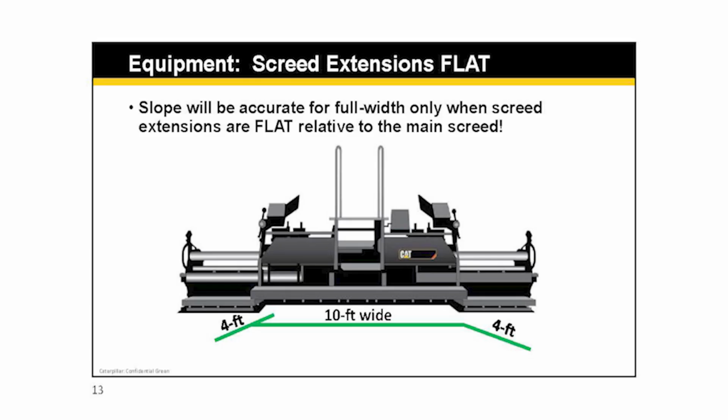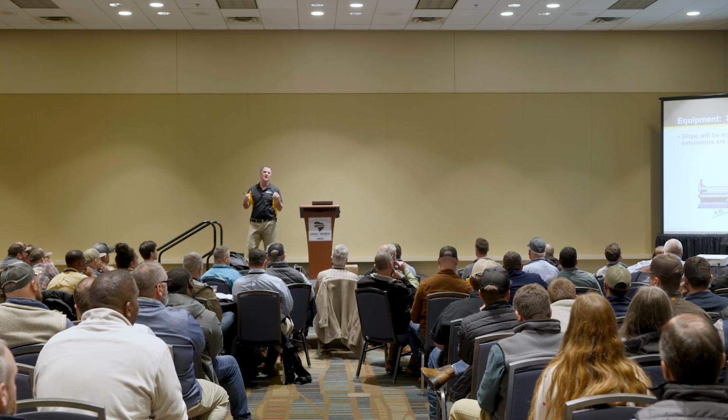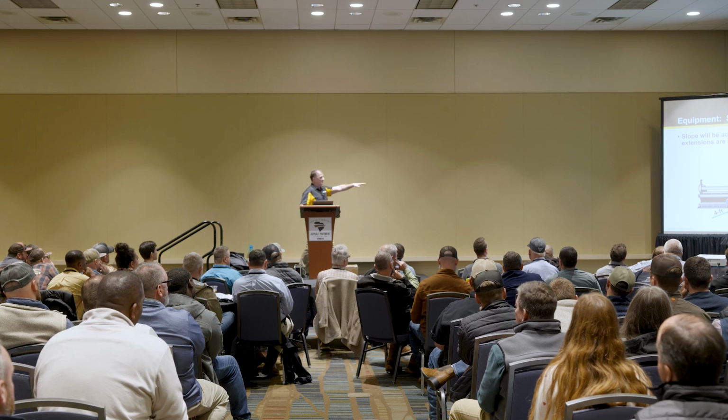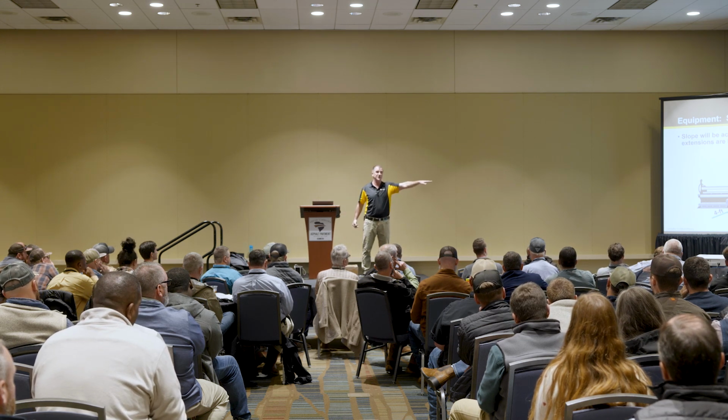We can also put slope in those extensions. Not only do they move in and out like this, they go like this. We can pull that extension in and put slope in it. So when it comes to planning and figuring out how we're going to pave a job, we're looking at this sort of thing too. How wide are we going to go with our extensions on each side?